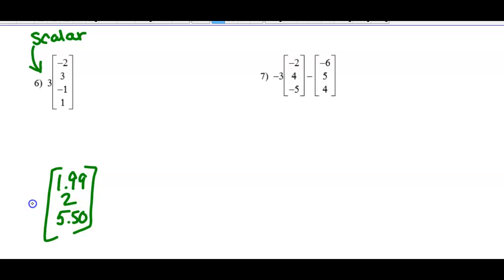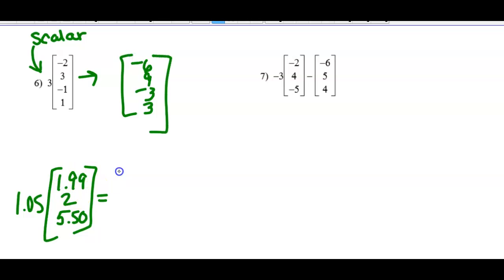And then it says, what if I want to mark them all up 5%? So you would multiply by 1.05 as your scalar and see what the new prices would be. All you do is multiply everything in here by 3. So we'd have -6, 9, -3, and 3. We are not having a final, so you don't have to do this, but it's just a use of when you would multiply by a scalar.